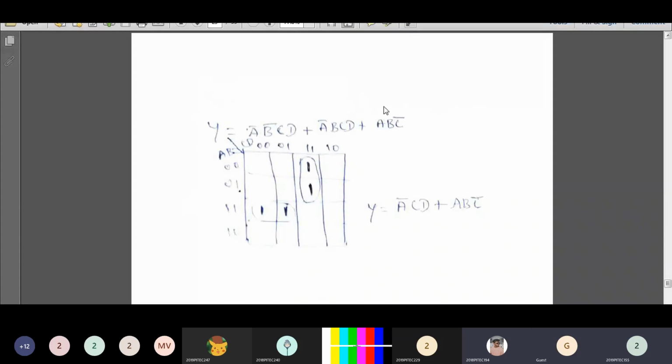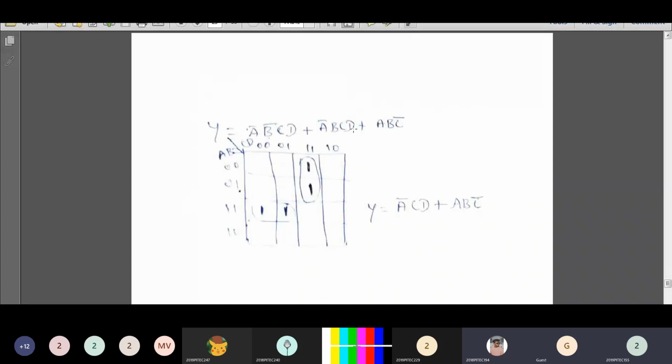You can simplify the expression using a K-map. This is a 4 variable function, so you need a 4 variable K-map. First you have to put 1 for the given min terms. A' B' C D: this cell represents A' B' C D, so you put 1 here.